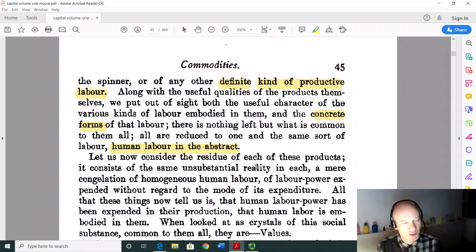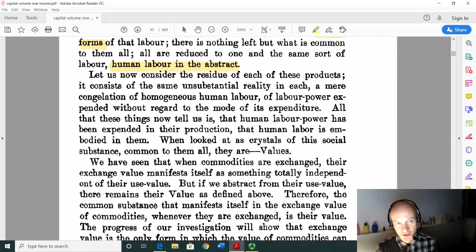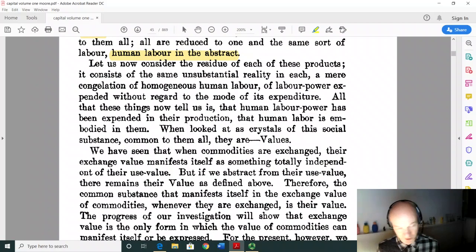That is what abstract labor means, irrespective of what specifically that labor is. So in reality, of course, every labor is a specific kind of labor, a specific process. If you abstract from that, if you bracket out the specific characteristics of the labor, what you're left with is labor in the abstract.